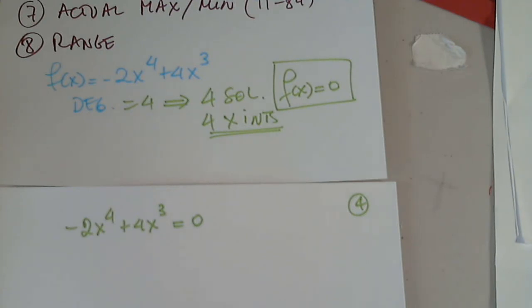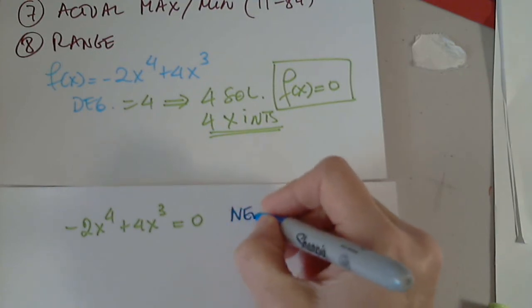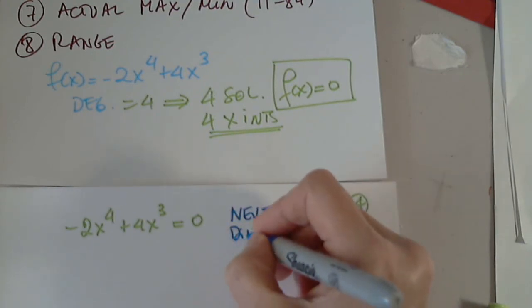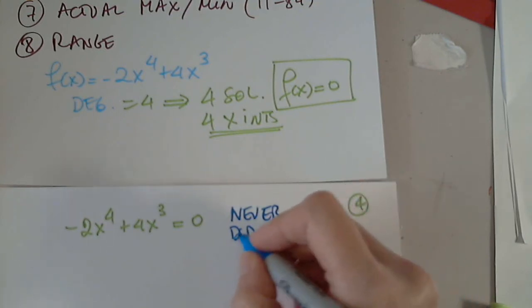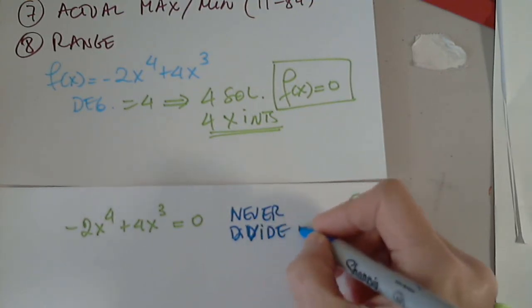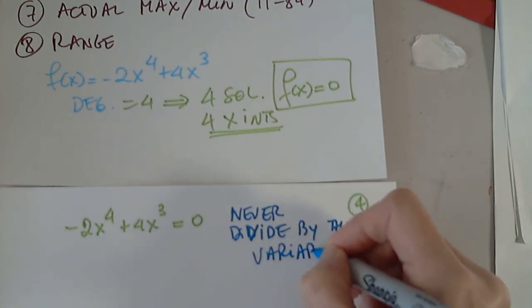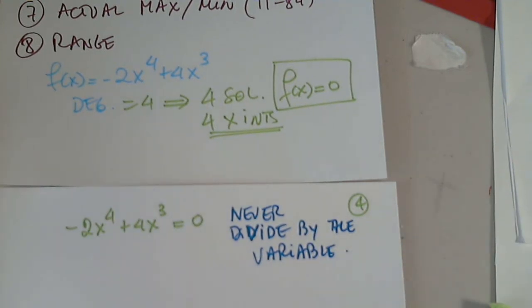I would take out 2x to the third, something like that. Okay, a note. Never divide by the variable. If you meant to pull it out, I would have to agree. And I think that's what you meant. So, but I'm not going to start with that.